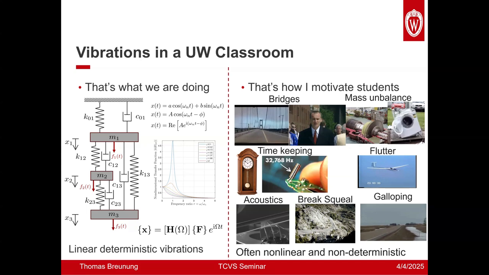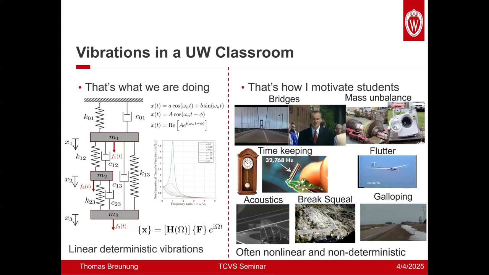So this is a prime nonlinear example again. And if we now think that the wind speed is most likely not going to be constant in the real application anymore, but might be a very complicated field, we might talk about the stochasticity there as well.